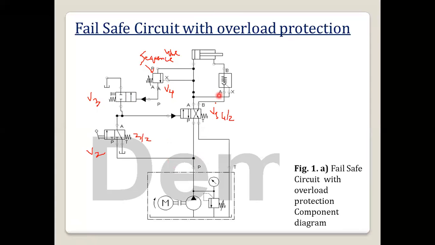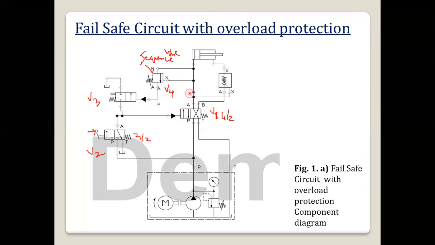What you can see here is that valve 1 is controlled by V2. Whenever I actuate the lever, only then will V1 be actuated and change its position. The pilot operated DCV V1 is also dependent on V3.